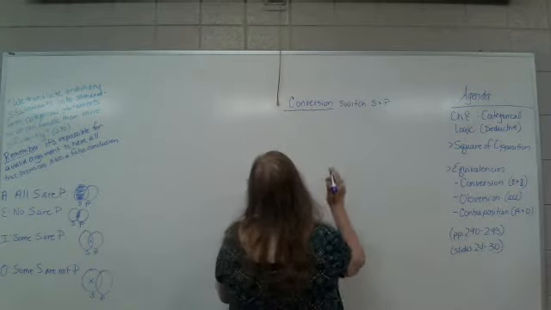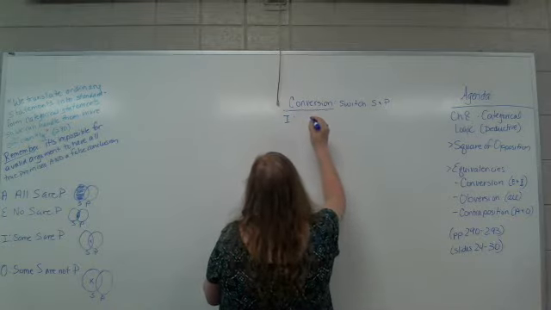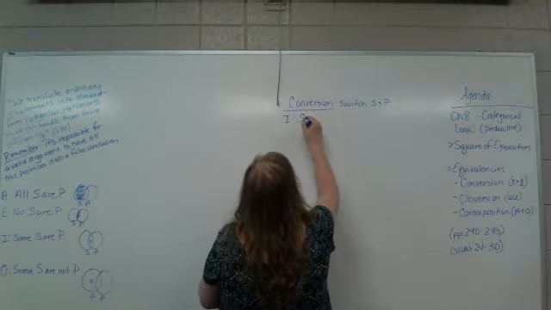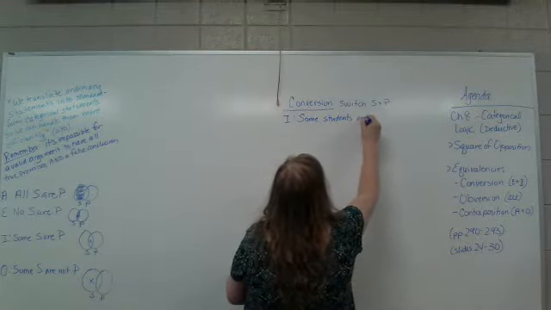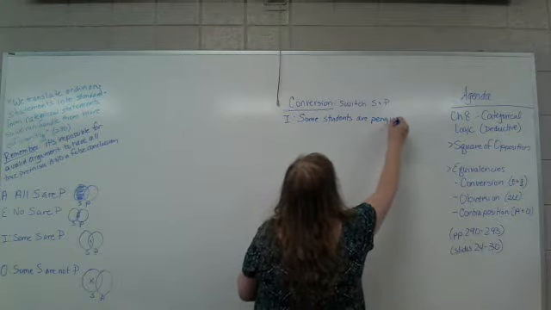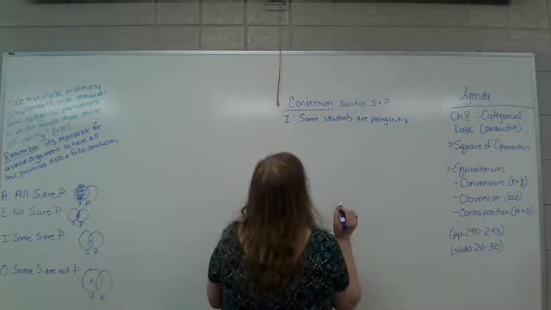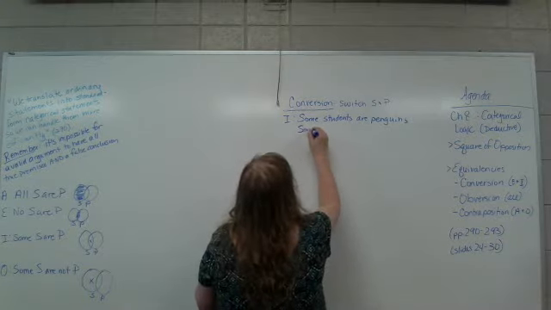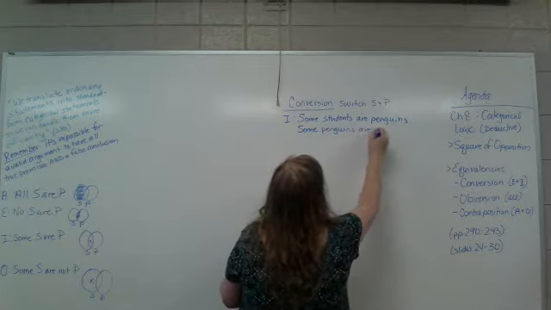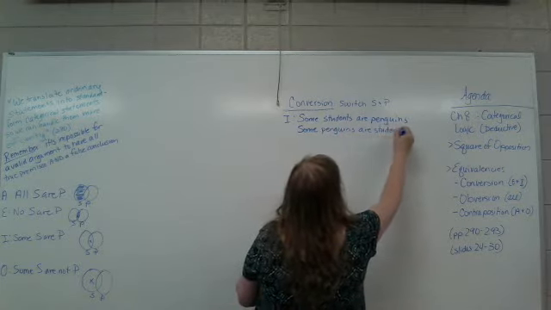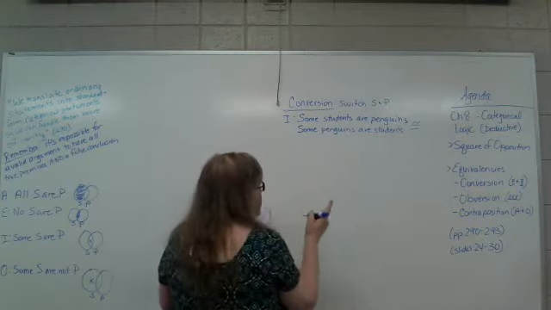So switch S and P. So if I have, as my I statement, some students are penguins, and I'm supposed to make it a conversion, I'm going to just flip my subject and predicate. So some penguins are students. And these are equivalent. Okay, same thing.